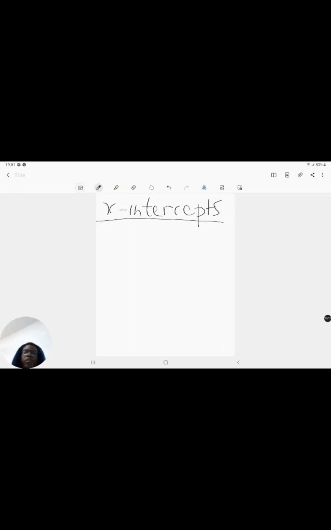Your x-intercept, okay, so for your straight line graph, the x-intercept is the value of x where y is equal to 0. Okay, so in other words, it's the point on your Cartesian plane, on your x-axis that the graph cuts through. Okay, it's the point on your x-axis that your graph cuts through.